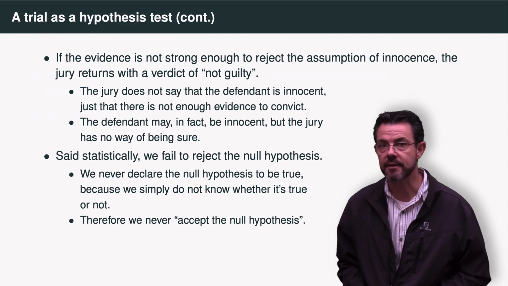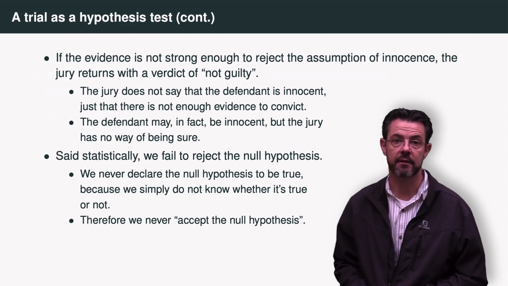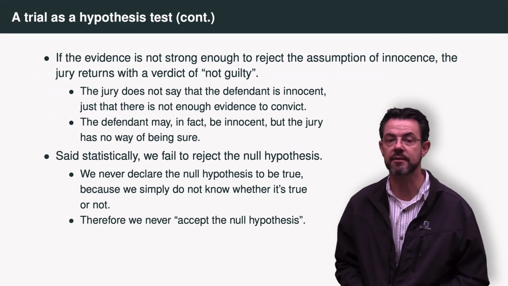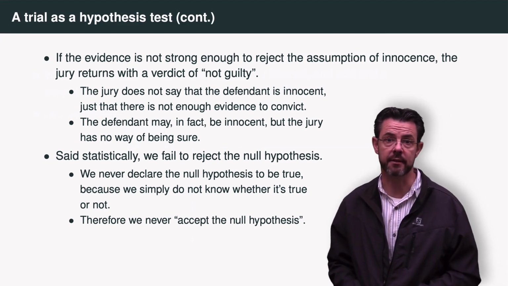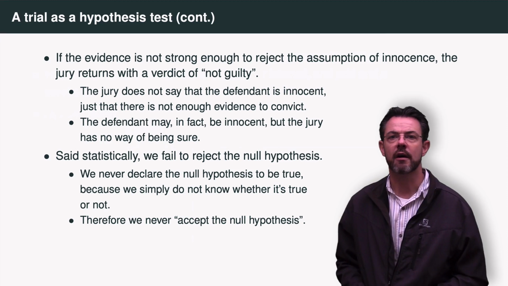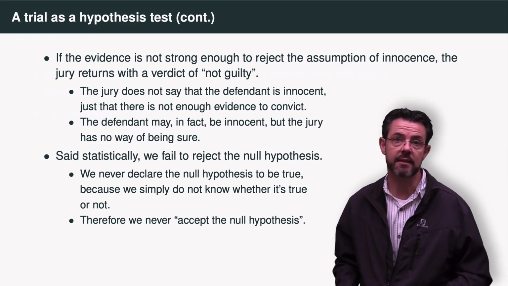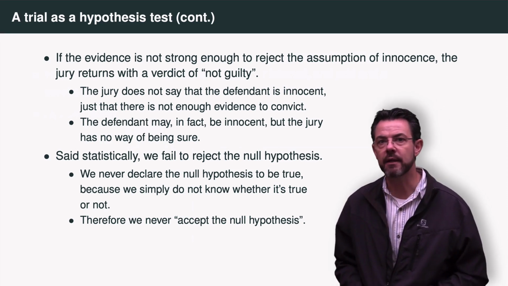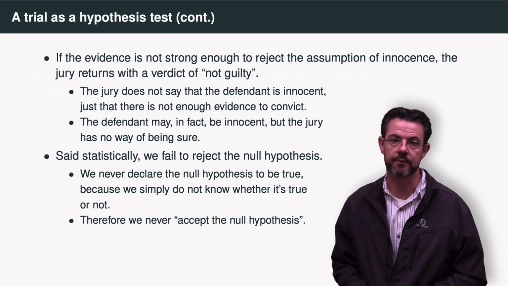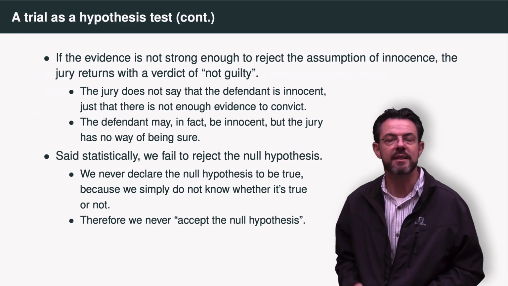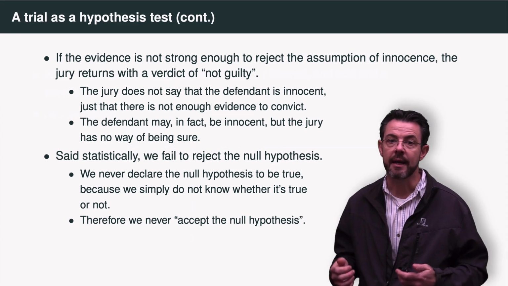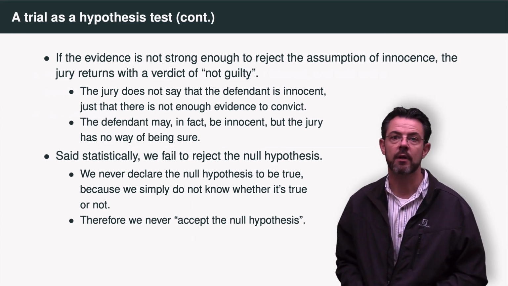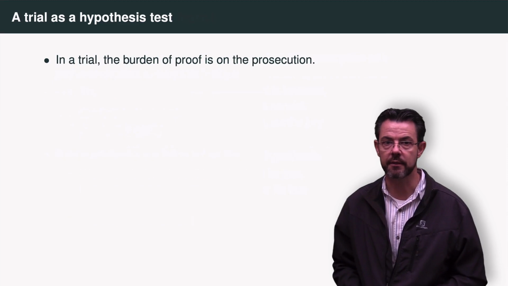The jury does not say that the defendant is innocent, just that there is not enough evidence to convict. The defendant may indeed really be innocent, but the jury just has no way of being sure. So said more statistically, we fail to reject the null hypothesis. We never declare a null hypothesis to be true because we simply do not know whether it is true or not. Therefore, we will never say that we accept the null hypothesis, only that we fail to reject it.